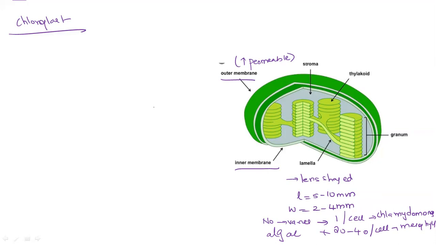Grana is singular, but stacks of grana put together are called thylakoid. Stroma is nothing but the matrix and the connections are called lamella. The space which is limited over here is occupied by stroma. Thylakoids are grana arranged in stacks, connected by lamella.